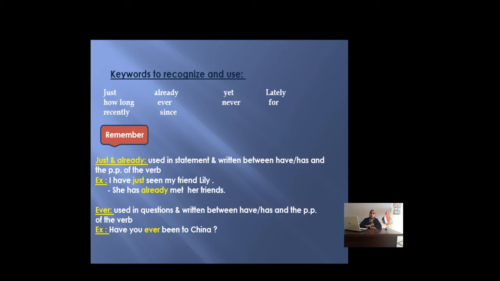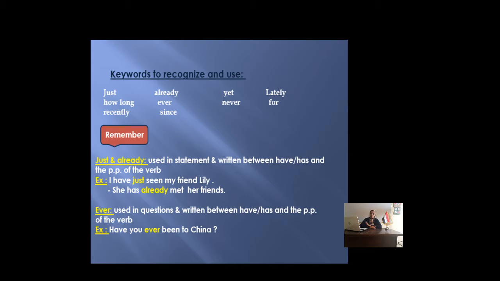As we know, you have to use keywords to know which tense you are in. Our tense here, as we said, is the present perfect tense. What are its keywords? To know that you are in the present perfect tense, you have to see one of these keywords in the sentence.